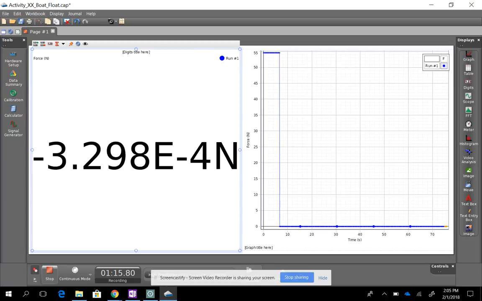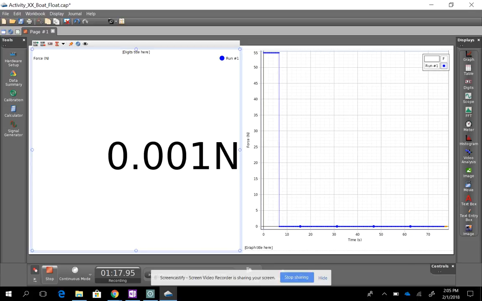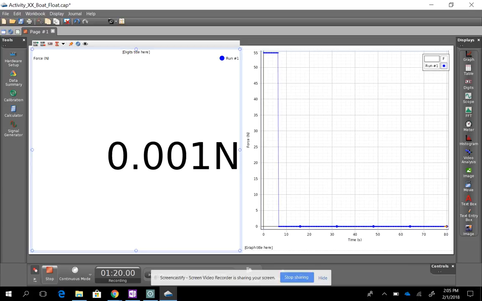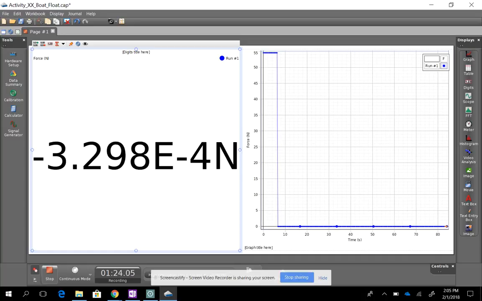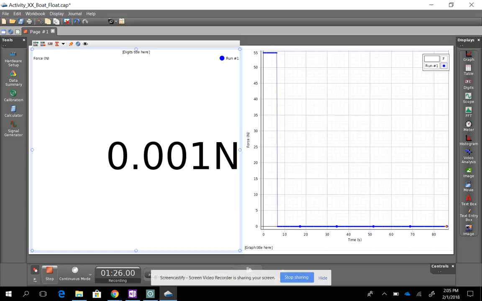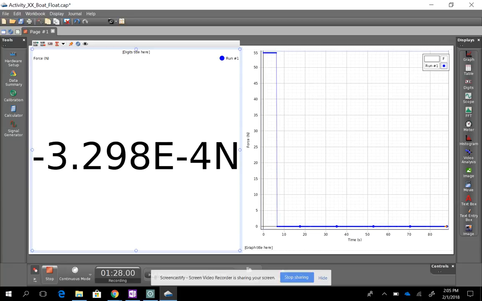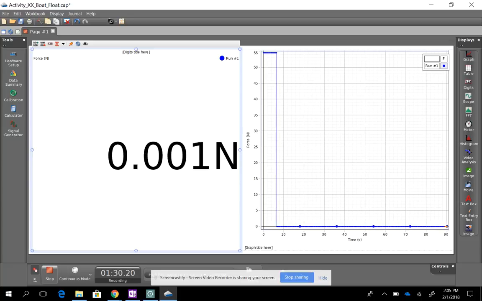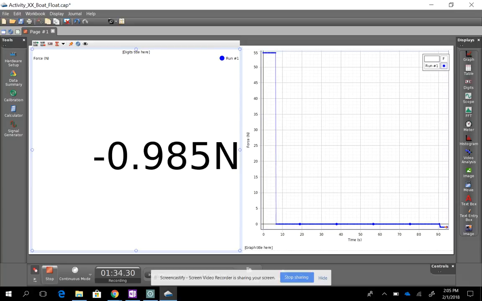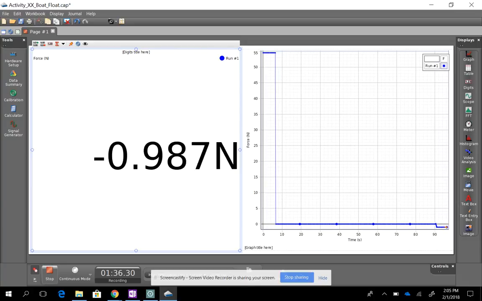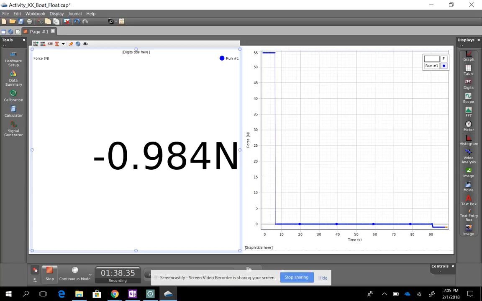Okay, we have to multiply it by 9.8 meters per second squared. 100 grams is 0.1 kilogram. So 0.1 times 9.8 is 0.98 newtons. So it's virtually 1. So I put it on there. Looks just right. Pretty easy to measure with this, right?